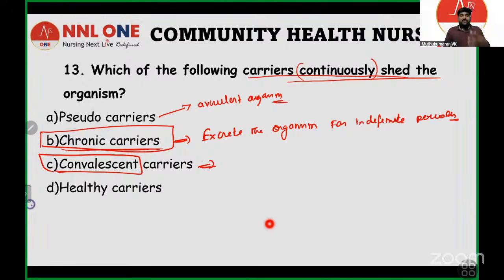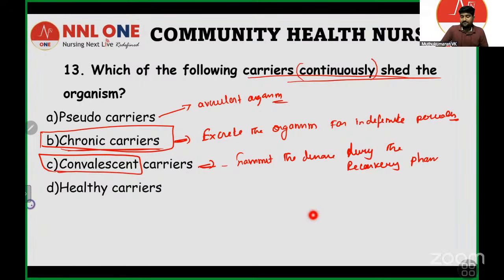During the recovery stage, the infected person has got treatment, and yet they will transmit the disease. When they transmit the disease during the recovery phase, then we name it a convalescent carrier.